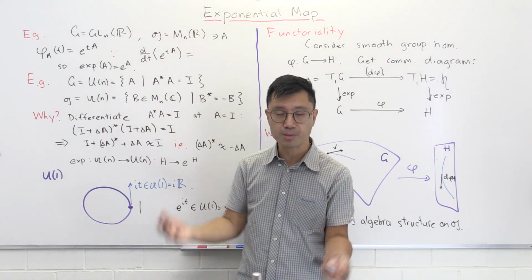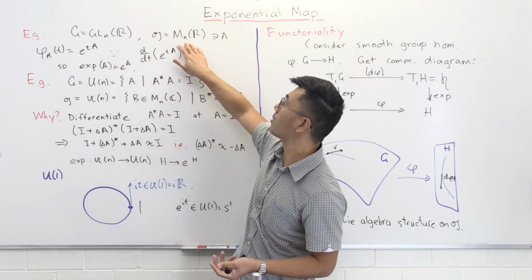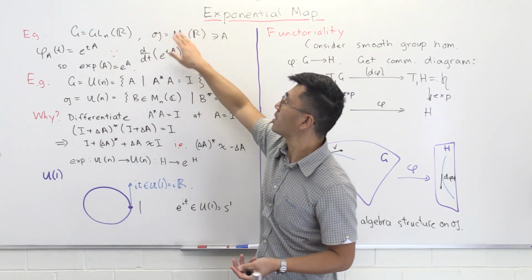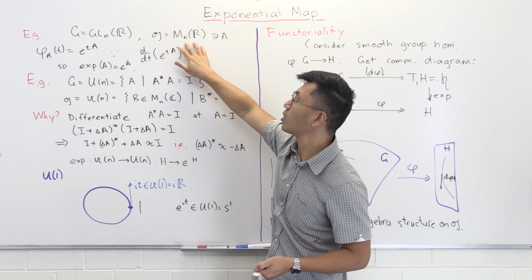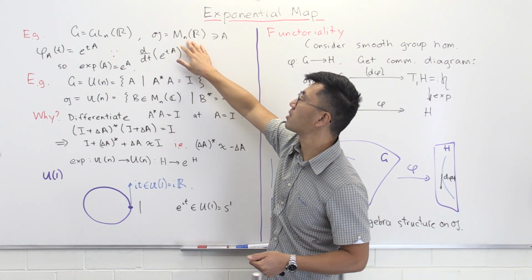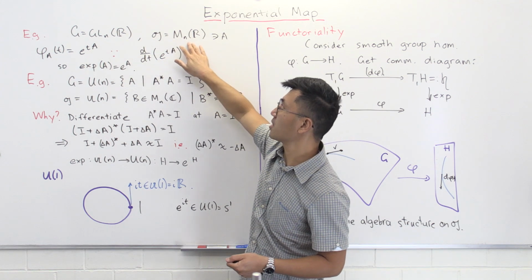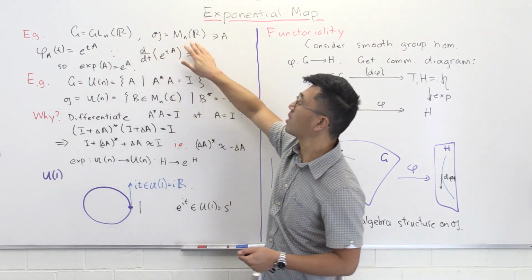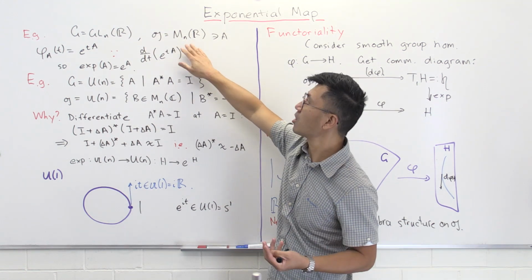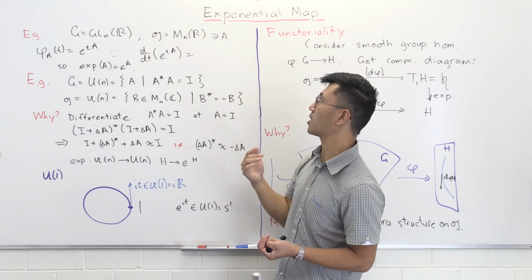So it's an open subset of the set of all n by n matrices, and this is just a vector space geometrically. Essentially this is just Euclidean space. So the tangent space is just actually this here. The Gothic g here is essentially the Euclidean space of n by n real matrices.